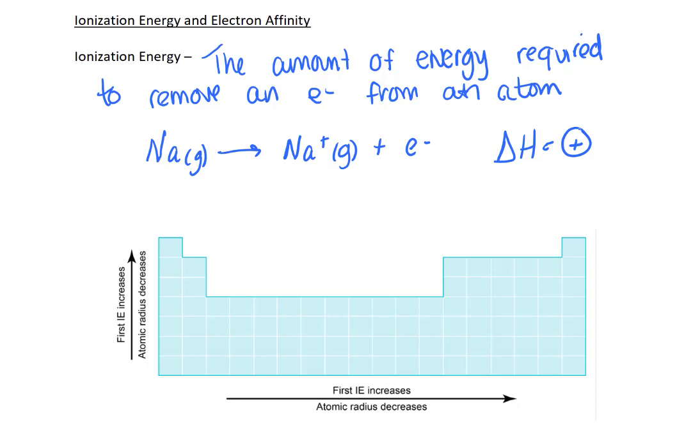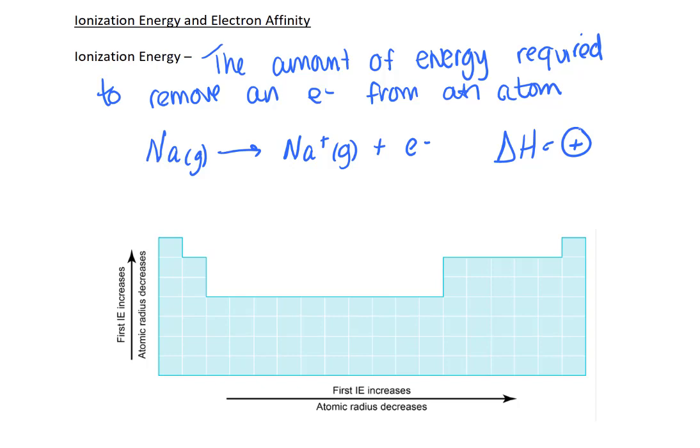Most of the time, we're going to talk about what's called the first ionization energy, which is the removal of the first electron of an element. You can remove more than one, and that section has its own trends. But we're going to look exclusively here at first ionization energy.